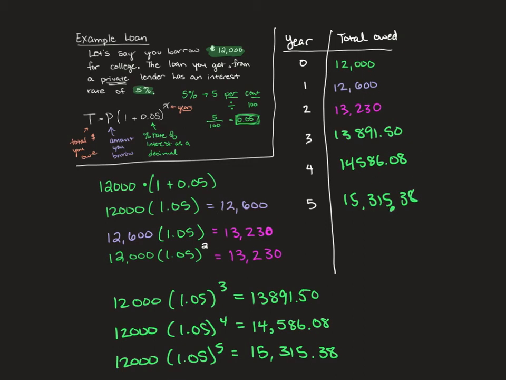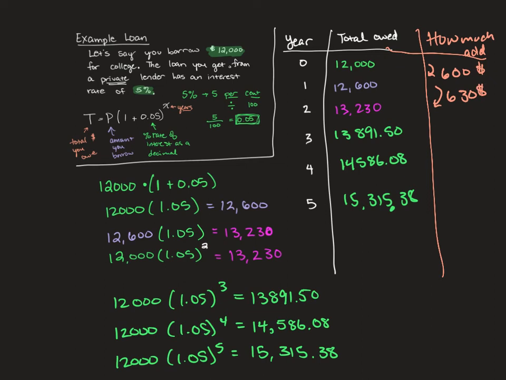So in fact, if we added a whole extra column here where we said how much did we add? This first year, from here to here, we added $600. From here to here, we added $630. From year 2 to year 3, we added $661.50.